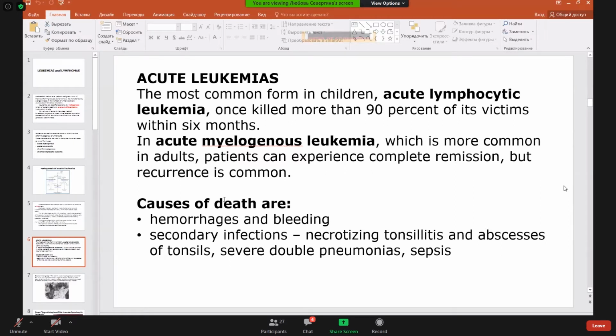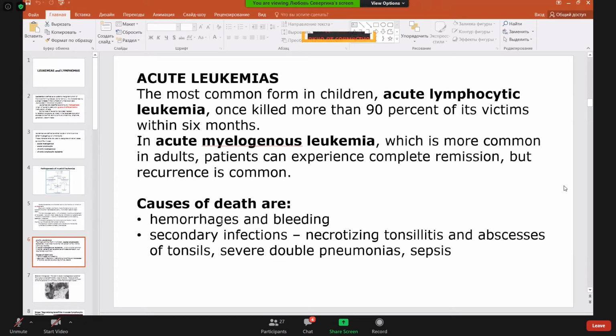Causes of death of the patients with acute leukemia are hemorrhages in organs, especially in the brain. Please remember, brain hematoma is the most popular cause of death of patients with acute leukemia, and heavy bleeding too. And of course, presence of heavy secondary infections. For example, necrotizing tonsillitis with destruction of the tonsil, of soft tissue of tonsil, and formation of multiple abscesses in the throat.